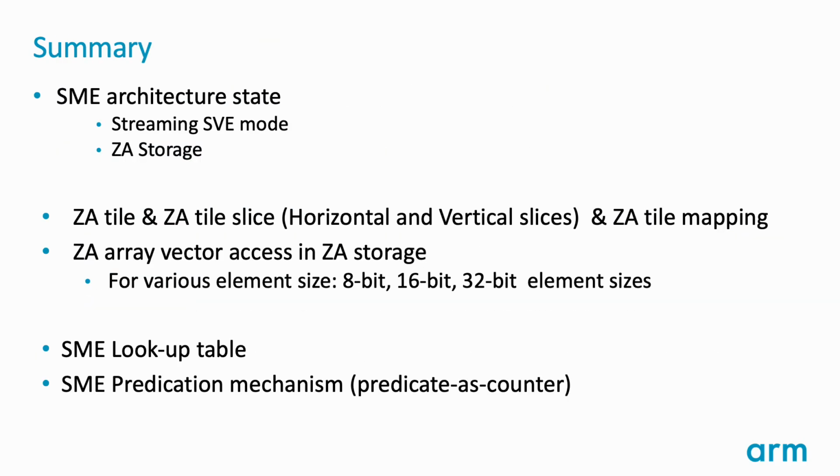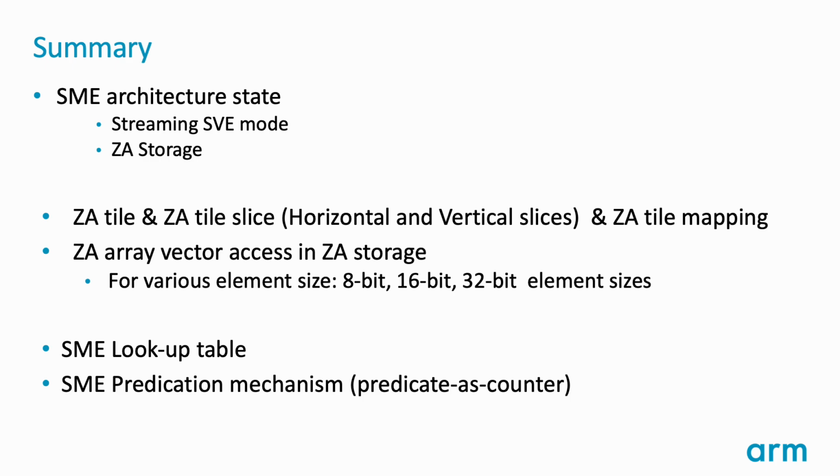Before we wind up, here is a summary of what we went through. We started off with what the SME architecture is all about. We introduced you to all the SME architectural features, and some of the key features we went through in greater detail.